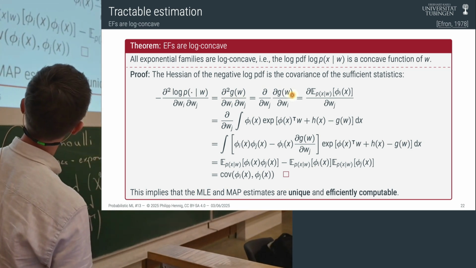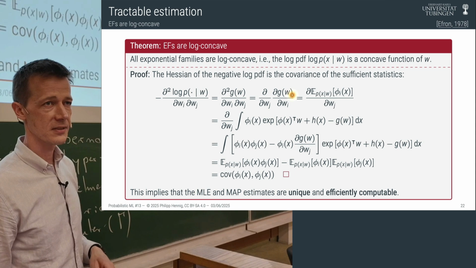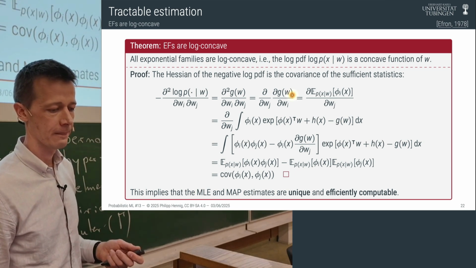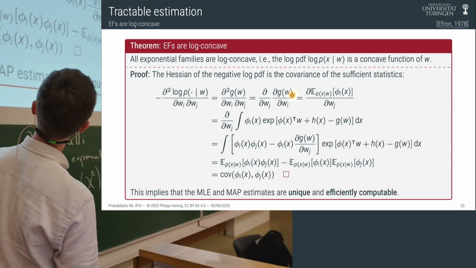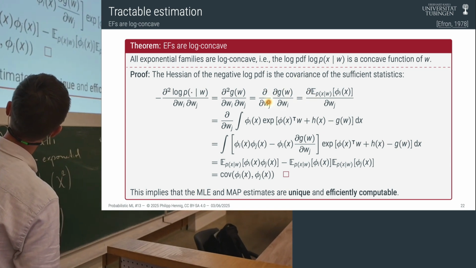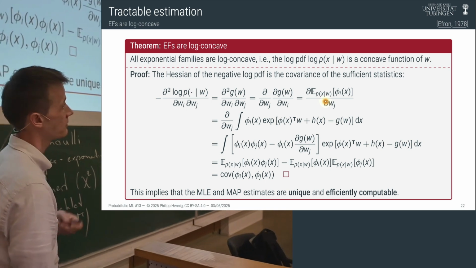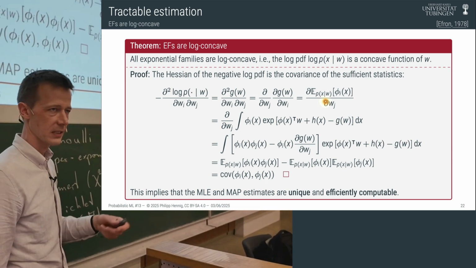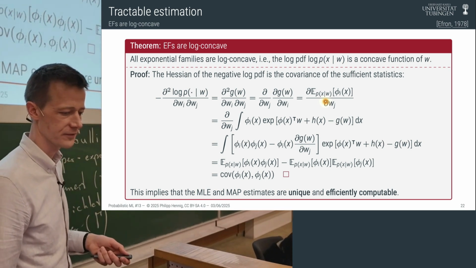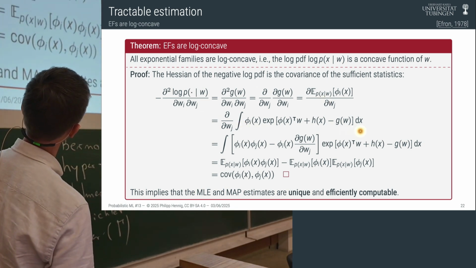But we know that the gradient of g is the expected value of the sufficient statistics. We just derived that a few slides ago. So the Hessian is the gradient of the expected value. The second derivative is the derivative of the derivative. To do that, we plug back in the definition of what an expected value is. That's this thing.